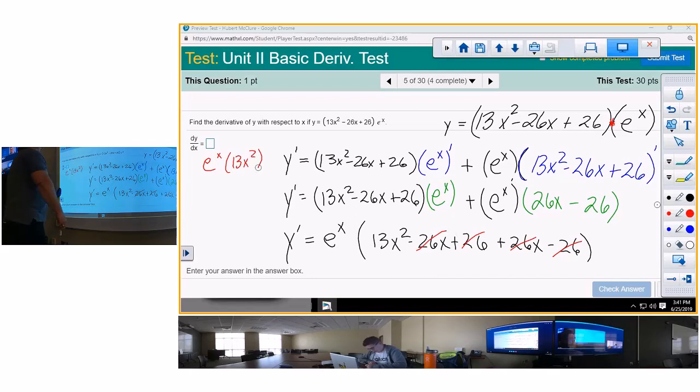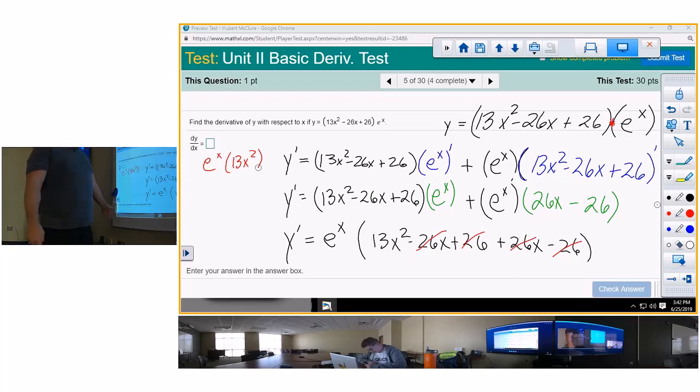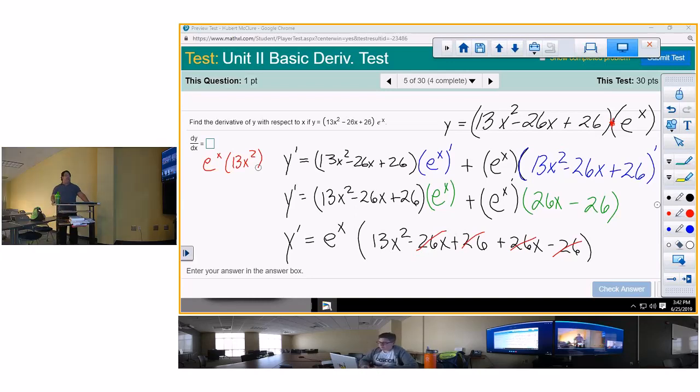And you can write that in any form, 13x squared times e to the x. I don't care. They should not either, because multiplication is commutative.